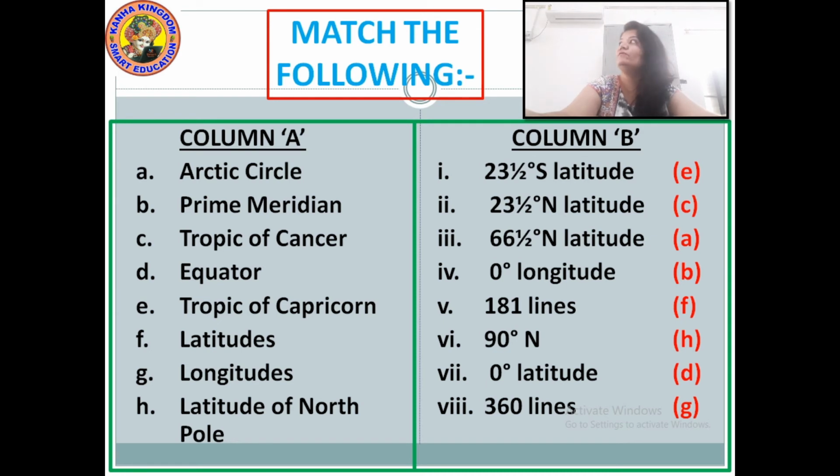Number 4, 0 degree longitude. Number 5, 181 lines. Number 6, 90 degree N. Number 7, 0 degree latitude. Number 8, 360 lines.